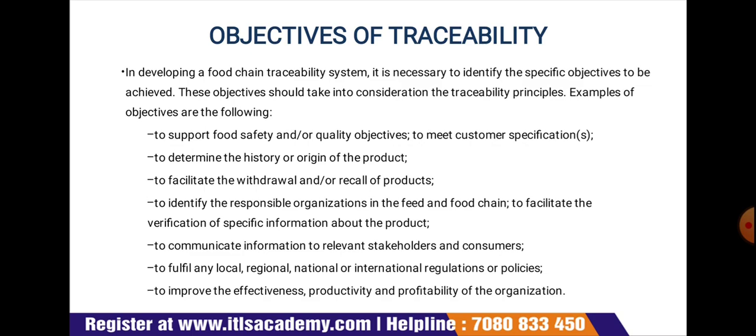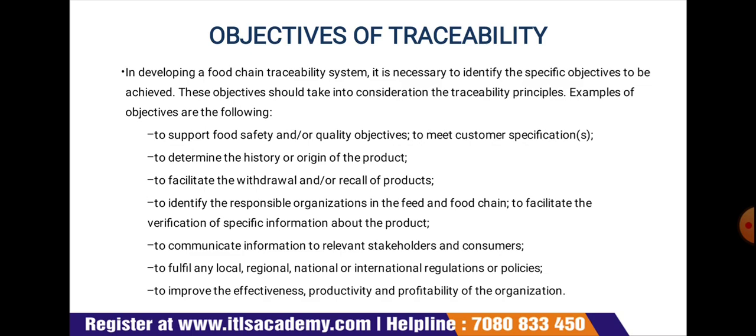Examples of the objectives are the following: to support food safety and quality objectives, to meet customer specifications, to determine the history or origin of the product, to facilitate the withdrawal and recall of the product, to identify the responsible organization in the feed or food chain, to facilitate the verification of specific information about the product, to communicate information to relevant stakeholders and consumers, to fulfill any local, regional, national and international regulations or policies, and to improve the effectiveness, productivity, and profitability of the organization.